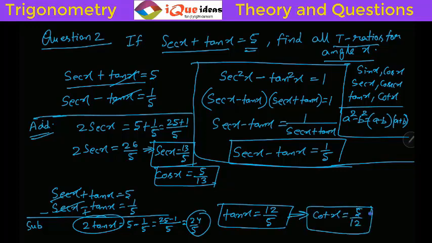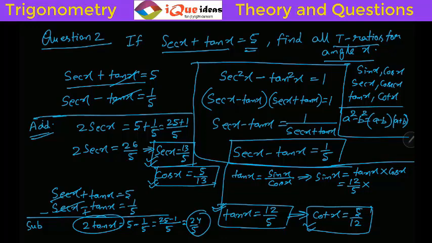Okay. So what all do we have now? We have sec x, we have cos x, we have tan x, and we have cot x. We still have to find sin x and cosec x. Let's do one thing. We know that tan x is equal to sin x upon cos x. From there, you can see that sin x actually is equal to, by cross multiplication, tan x into cos x. So tan x value, here it is 12 by 5.